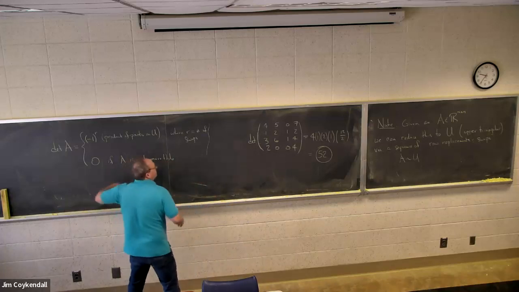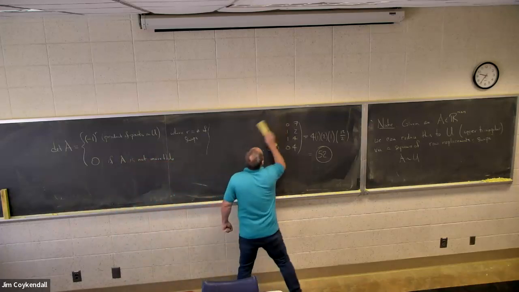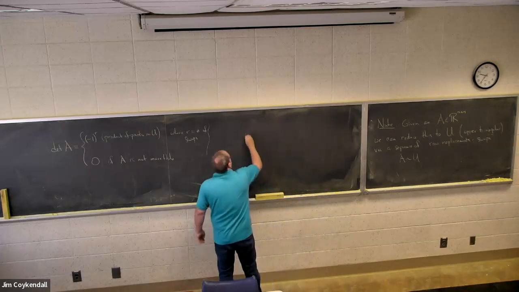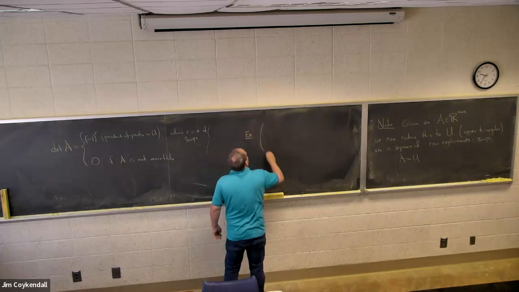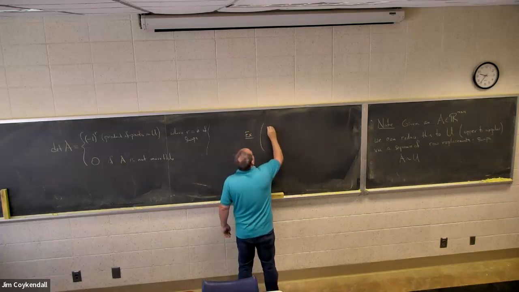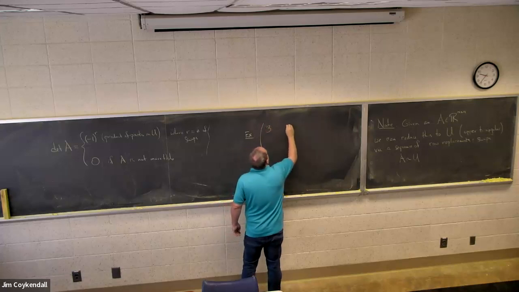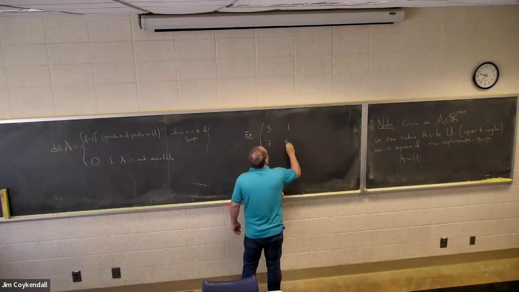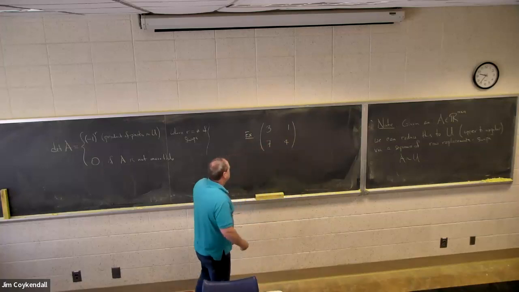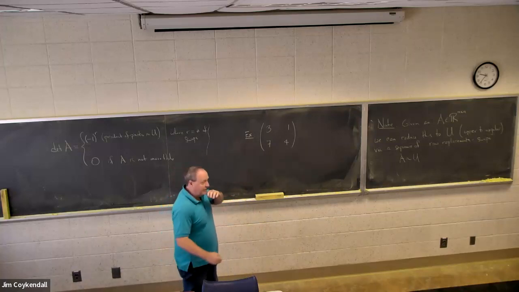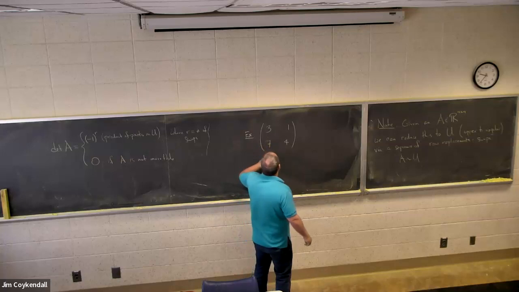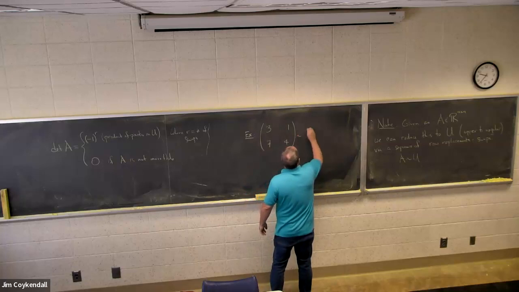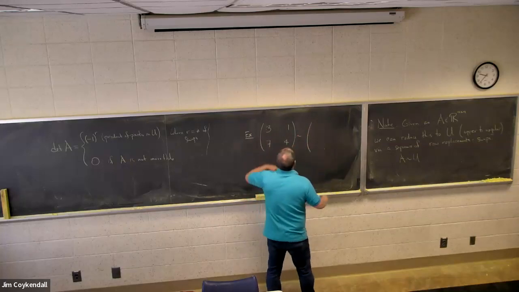So for example, this is all silly, but I'll do a quick 2x2 example. But the point is, if you do a row replacement, this is equivalent to 3-1.